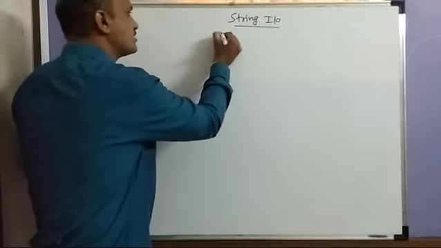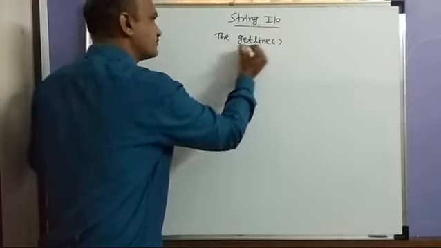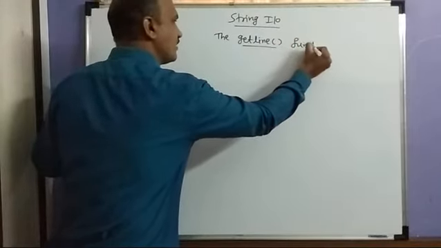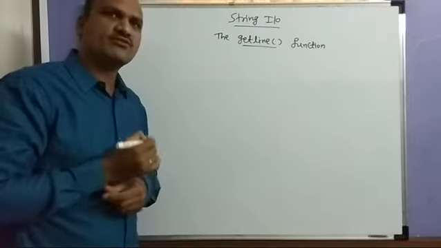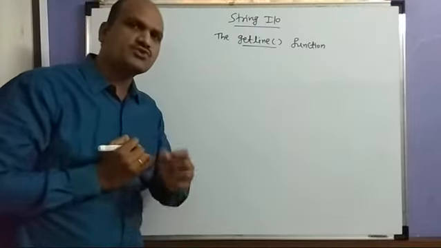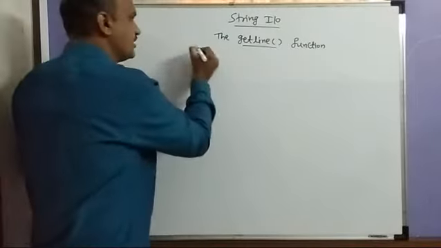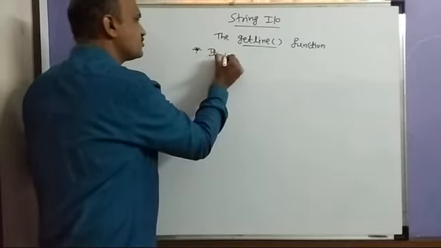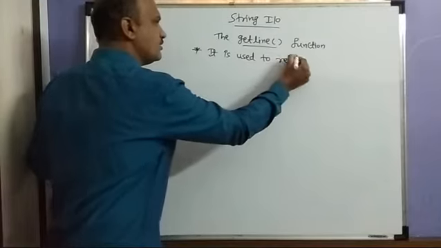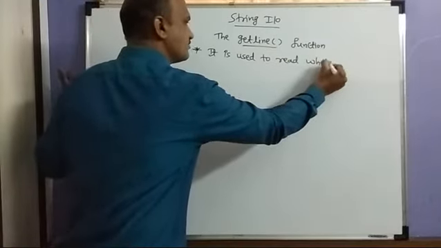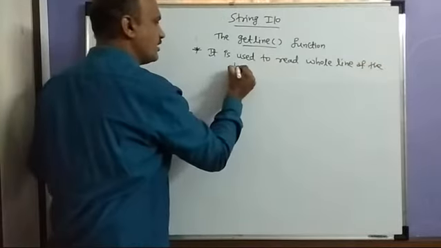The getLine function is used to read a whole line of the text.